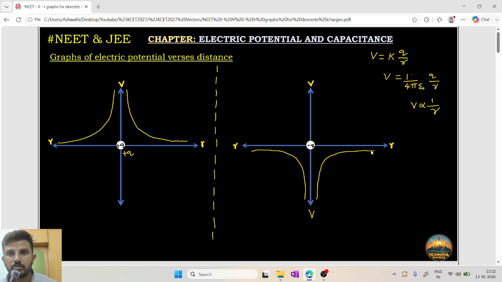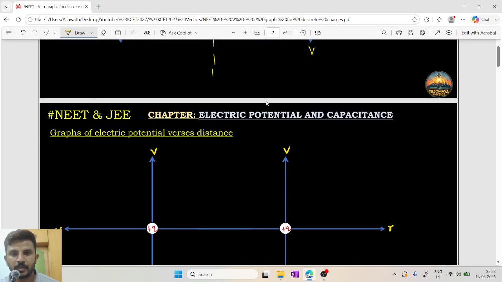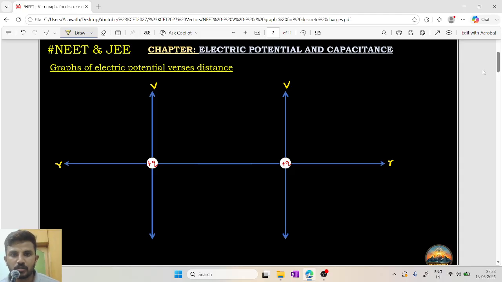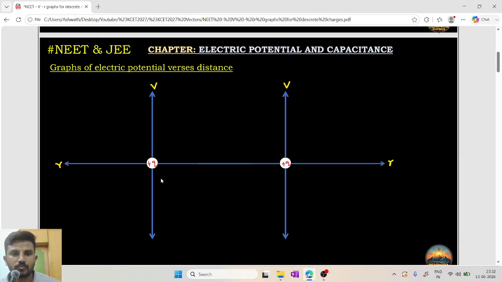What about a system of two charges? What if we have a system of two charges? Let us discuss them. Here we have a system of two charges, both charged plus q and plus q. So how do we draw the electric potential versus distance graph? Here we have a positive charge, take from positive V and it goes like this.